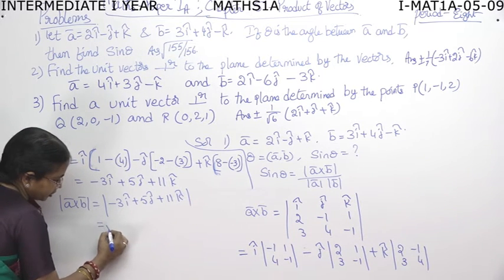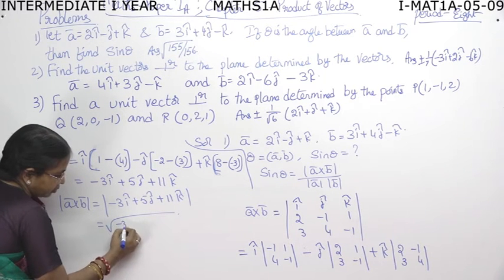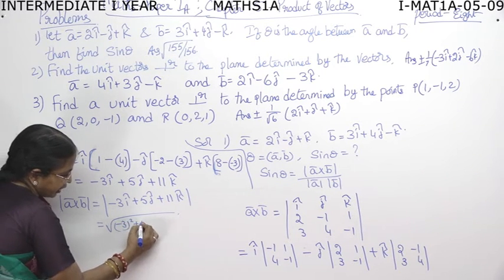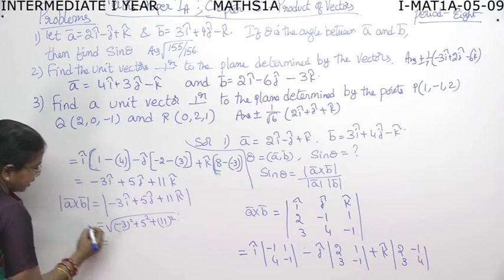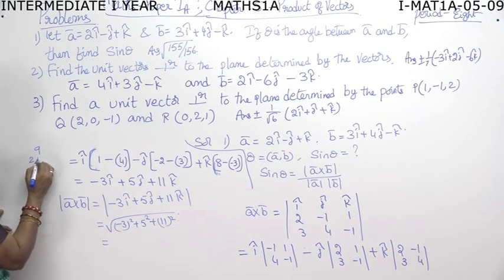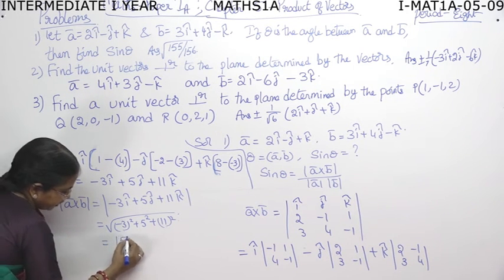So it is root of minus 3 whole square plus 5 square plus 11 square, which is 9 plus 25 plus 121, so it is 155.